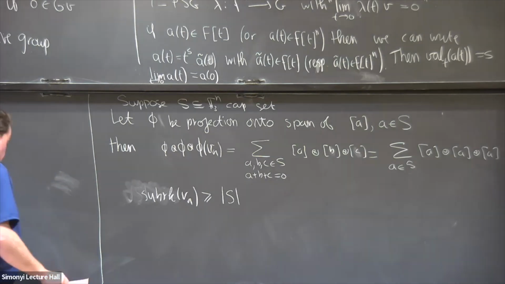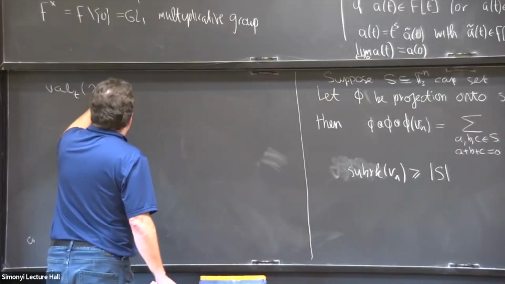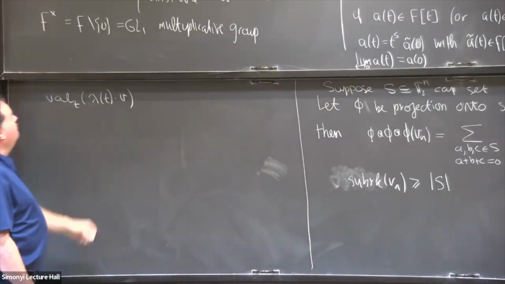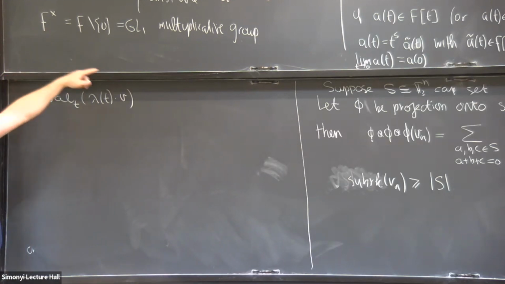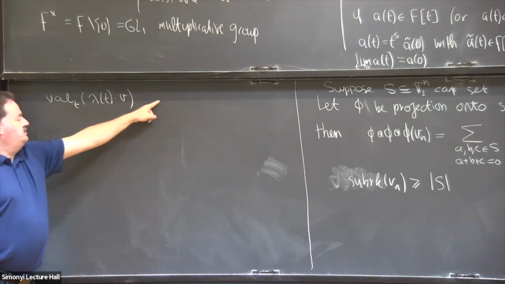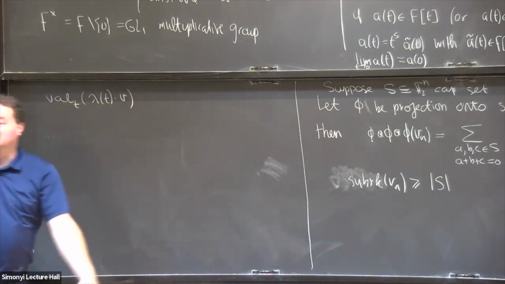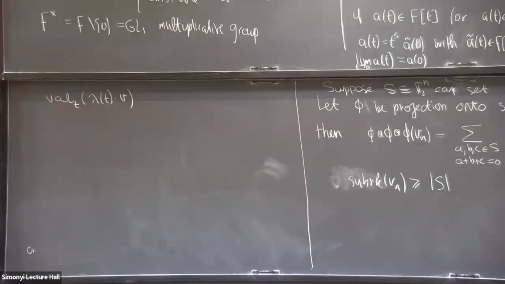So if you look at this valuation of lambda t times v in the Hilbert-Mumford criterion, if it's positive, then this limit will be 0. But this valuation tells you how fast it will go to 0. And that may say something about how unstable v is.